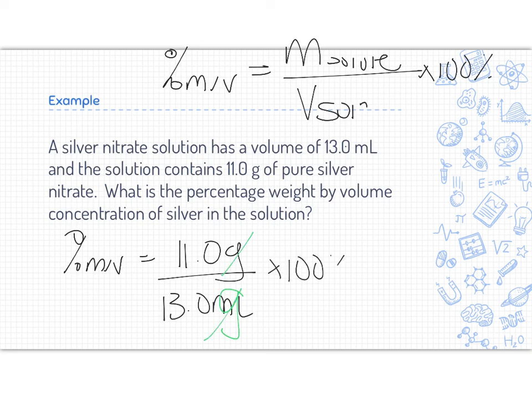This is still times 100%, and I got 84.6% mass by volume. So again, it looks ever so slightly different than what's in your notes, but you still get the exact same value in the end.